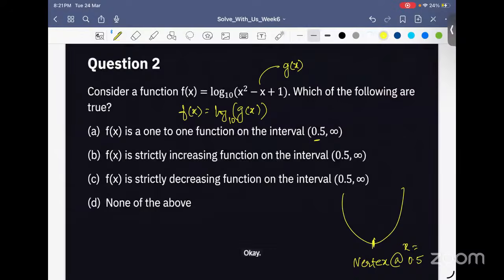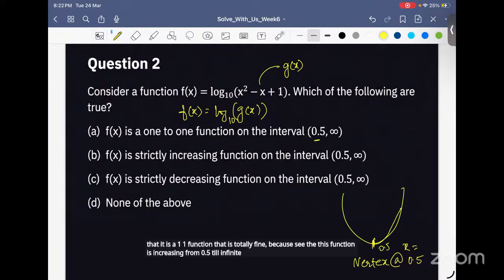Okay, how many of you have understood this and are able to solve this? Yeah, you got it, right? See, the logarithm function, as I was saying, is one-one, that is totally fine, because this function is increasing from 0.5 till infinity.